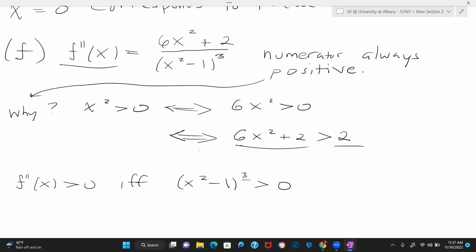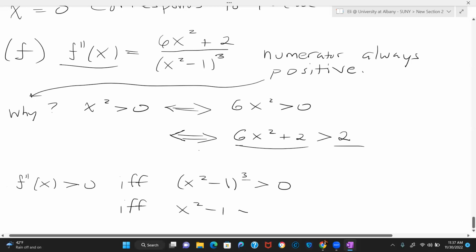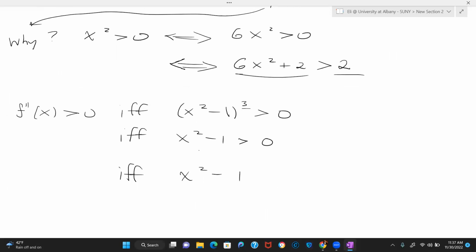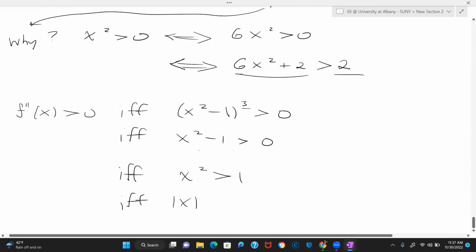You can take the cube root to get rid of the exponent. That's not a big deal. And then you write it like this. And now you take the square root, so you get the absolute value of x is greater than one.